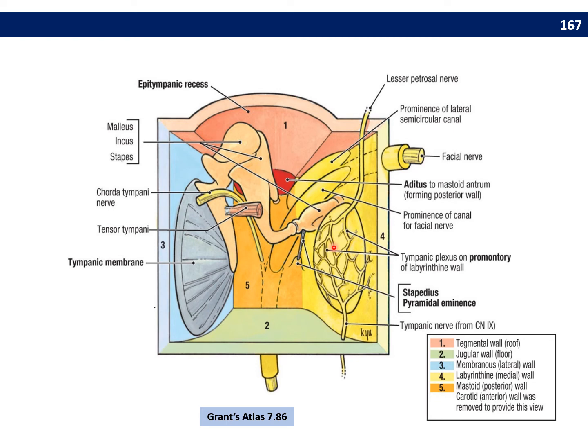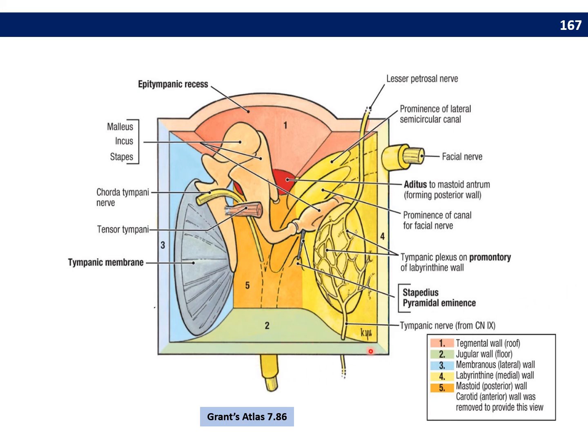So this tympanic plexus includes sympathetics that have come from the sympathetic nerves surrounding the internal carotid artery, and it contains parasympathetics that originated with the glossopharyngeal nerve and got to this tympanic plexus via the tympanic nerve. From there, the lesser petrosal nerve can then carry these sympathetics and parasympathetics to some other places that we'll talk about later.